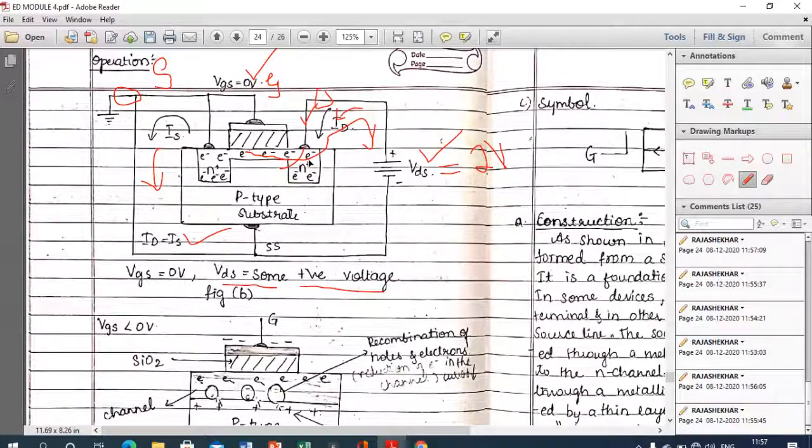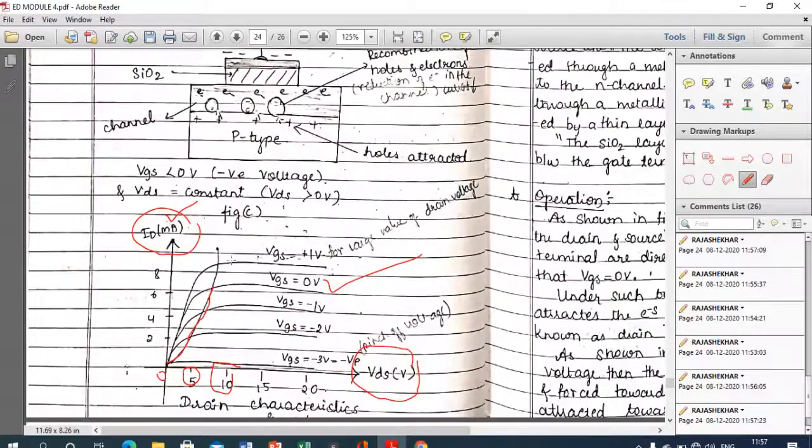So, as in the enhancement type, here also the channel will be blocked and there is no path for the electrons to flow through the channel. At that time, once VDS is increased from 5 to 10 volts, the current becomes saturated and constant. That's why we have to select VDS at a particular voltage so that it does not saturate the drain current ID for a given VGS of 0 volts.